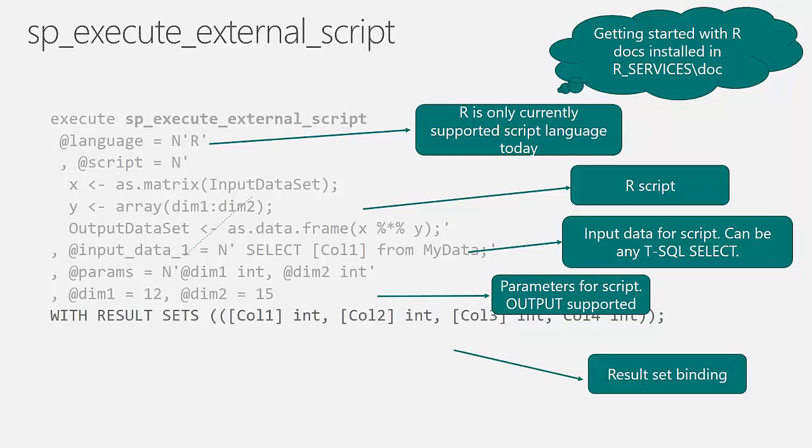And then lastly, whatever results that you're getting from R, you can change the names of the columns or types and so on. This is a standard result sets class which is available in SQL Server today.